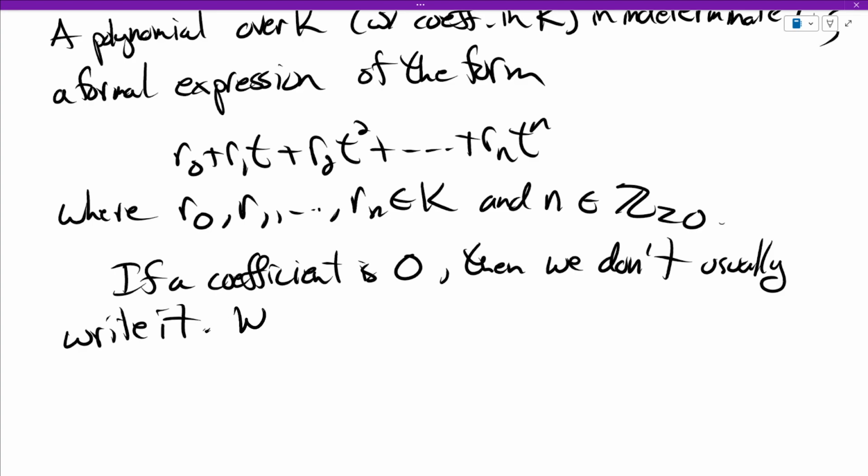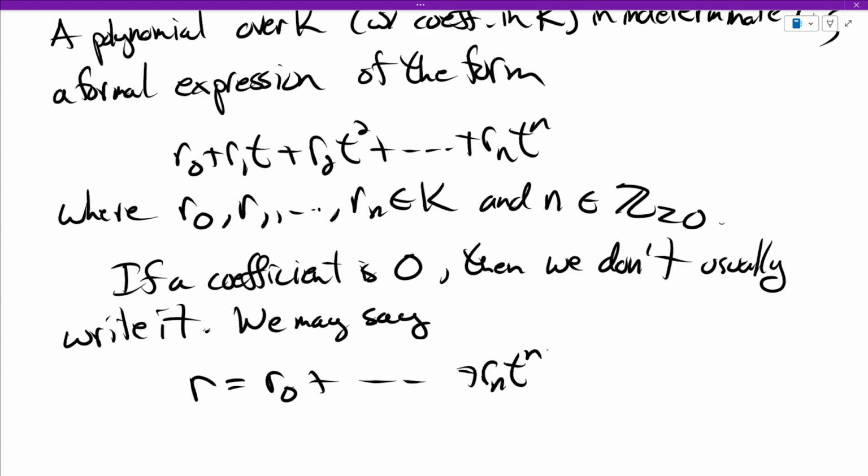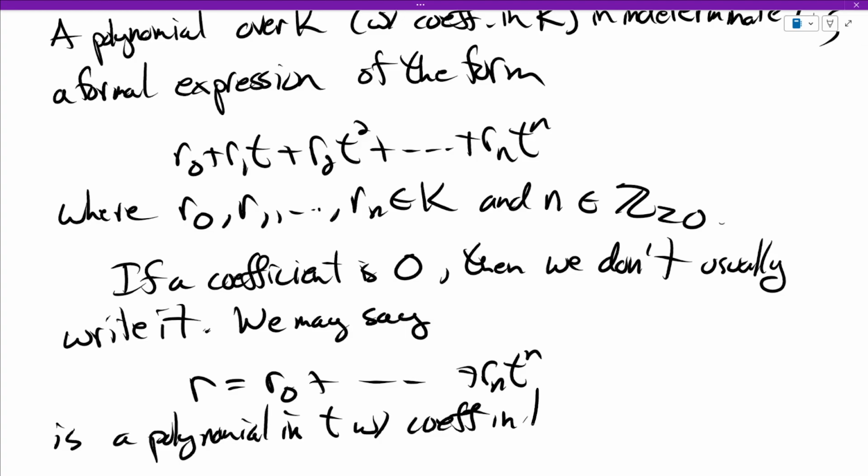So we may just say that r is this sum of coefficient times power of t is a polynomial in t. And then, of course, the coefficients are in k.